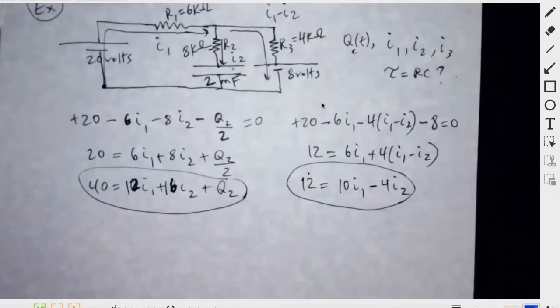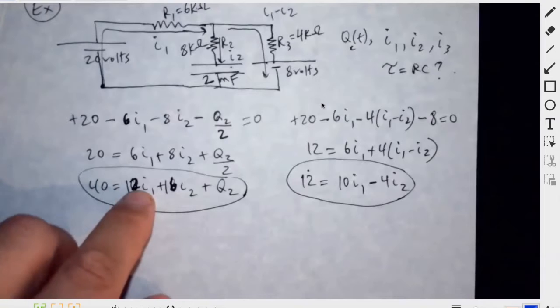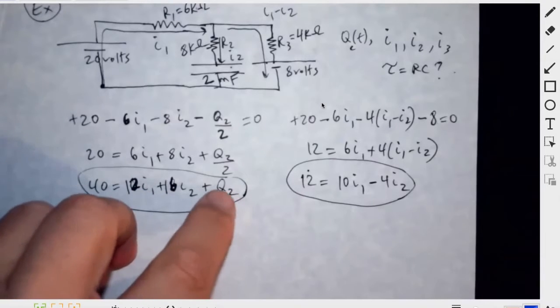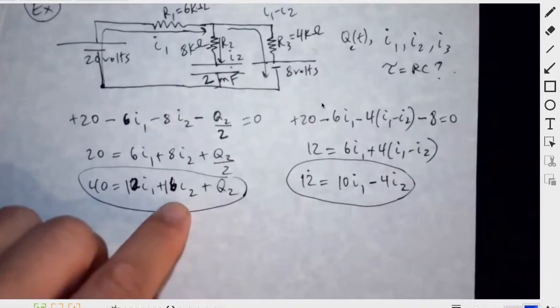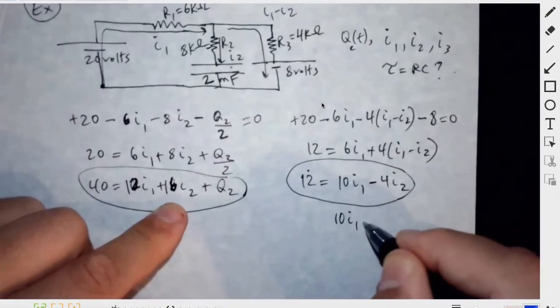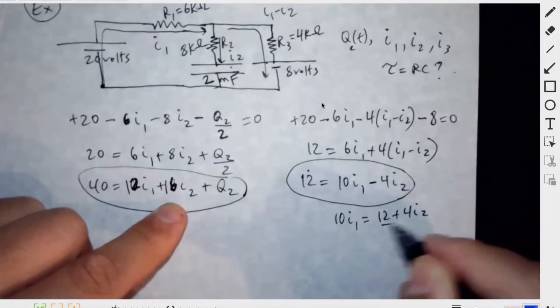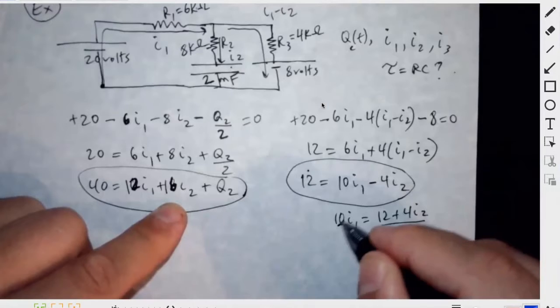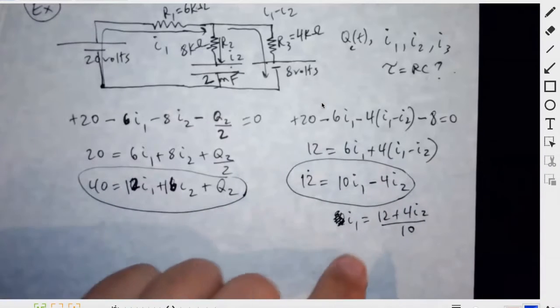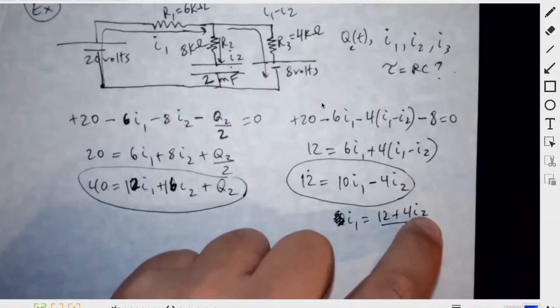Now here's the next step that we can do. We could get rid of I1 here. Because if I can get rid of I1, then I'll just have an equation with Q2 and I2. You see? So I could say 10I1 is equal to 12 plus 4I2, and then divide by 10, right? So I1 is going to be 12 plus 4I2, right, over 10.